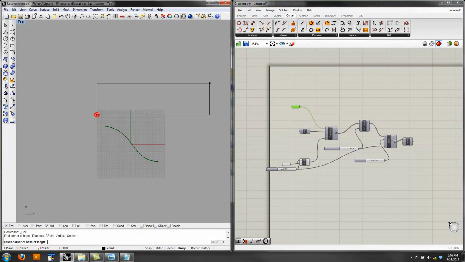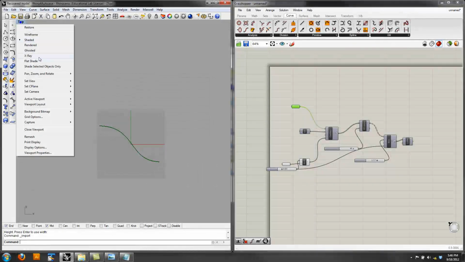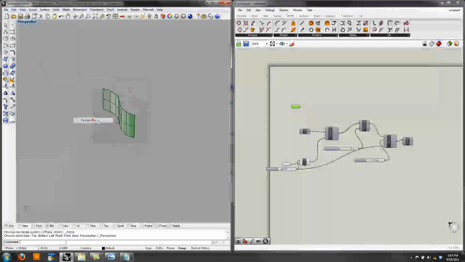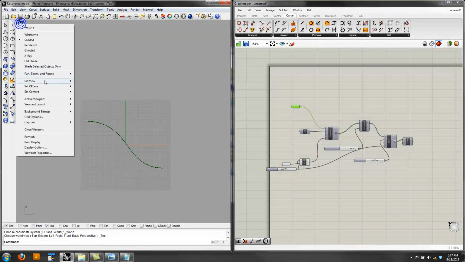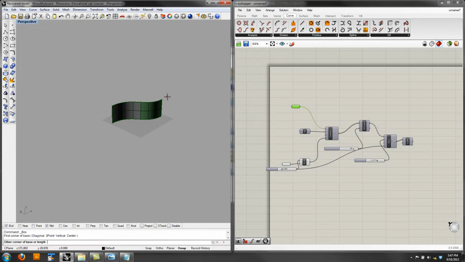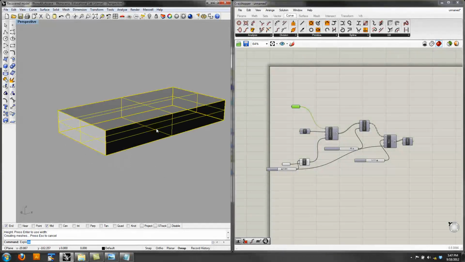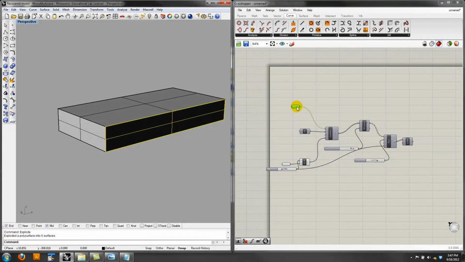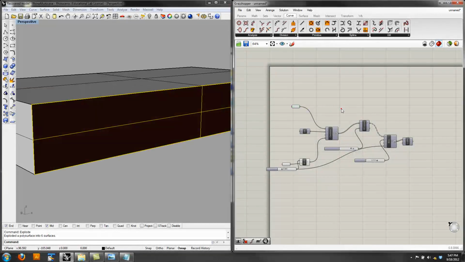I'll talk about this later, but this is actually what I want you guys to learn: if you have a Rhino model that you've made for class, and let's just say that this box represents your building, I'm going to explode this. You could take a surface of that building and essentially set that surface.